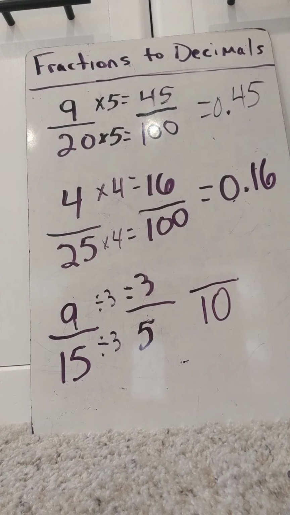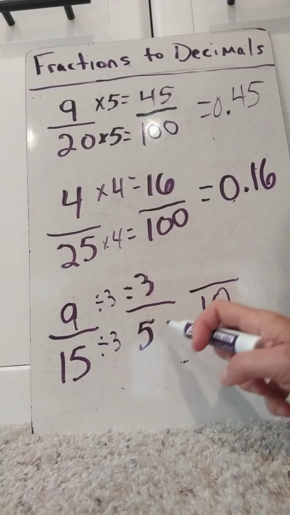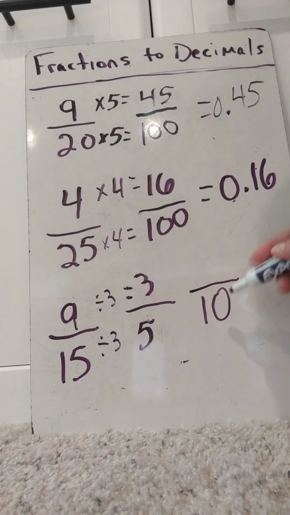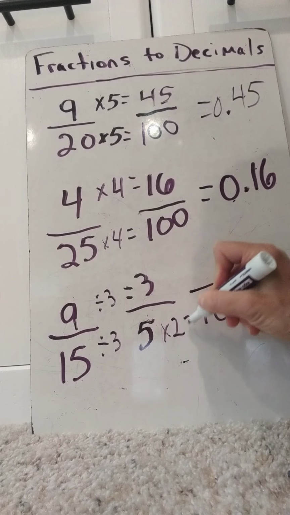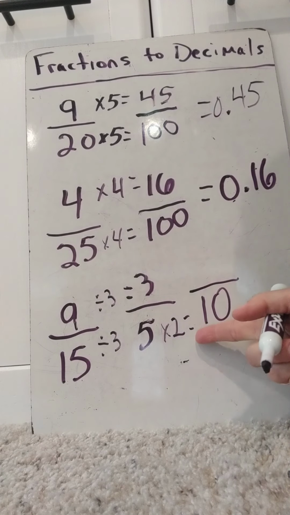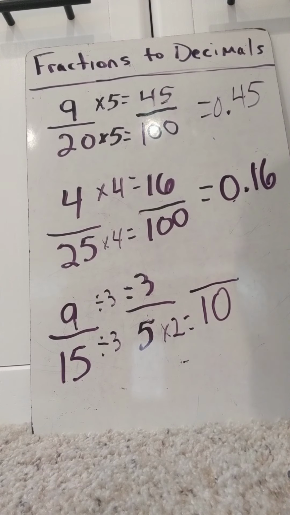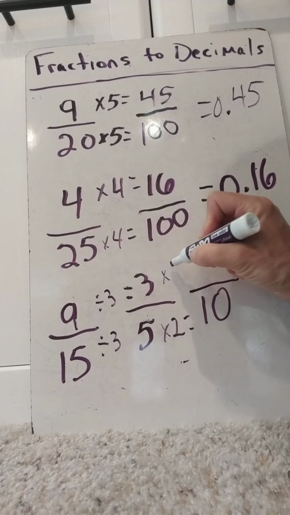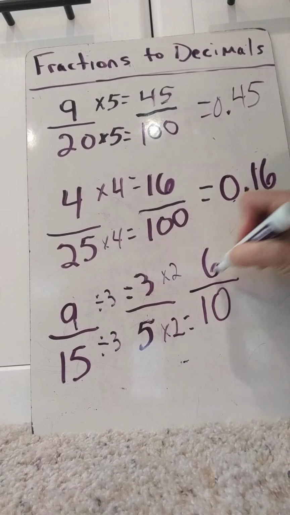I know that, so then you say to yourself, 5 times what number is going to give me 10? Going to 10 would be easier, okay? Well, that's 2. Whatever I do to my denominator, I do up here to my numerator, times 2. 3 times 2 is 6, okay?